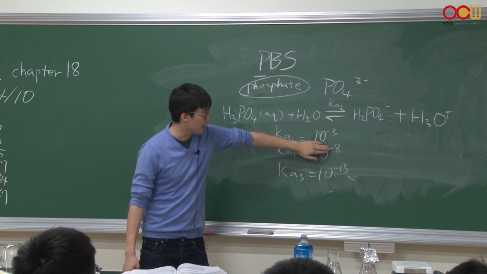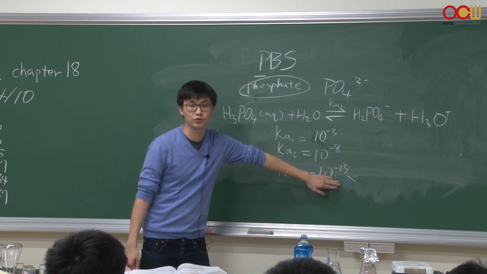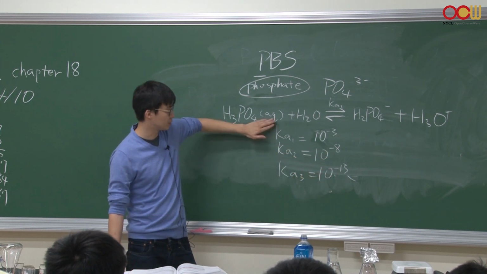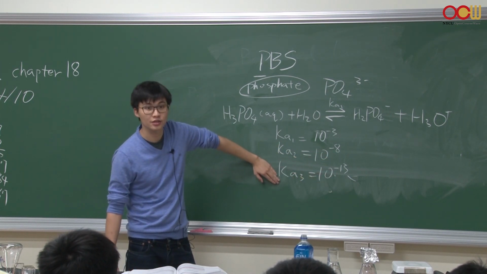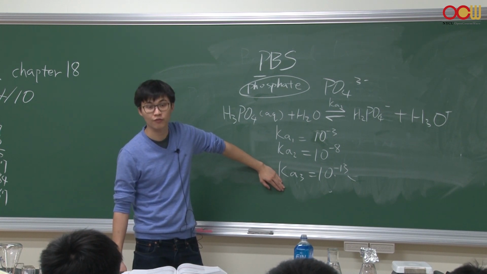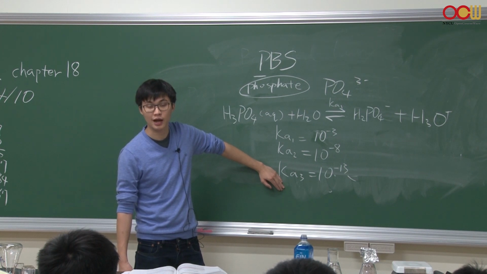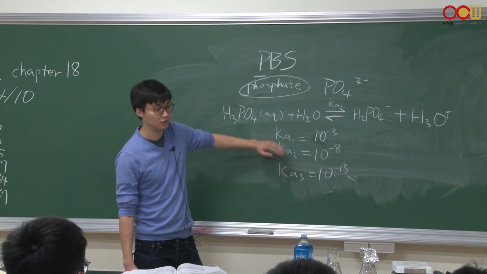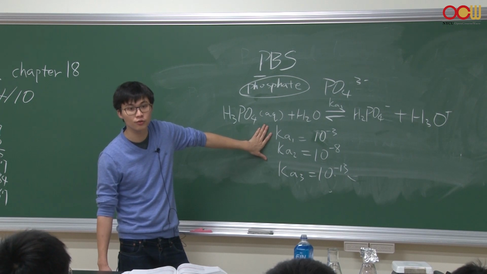You see they have multiple orders of magnitude difference. As you go down, this shows that it's harder to pull away another hydrogen from the phosphate. The reason has to be explained from the energetics of such reactions, but for now, these are experimentally measured values.